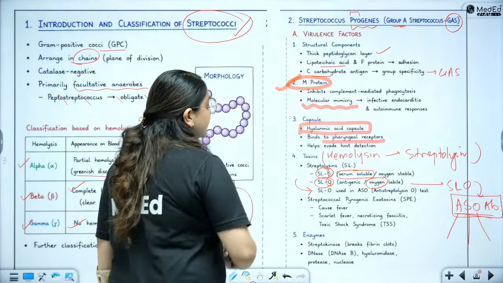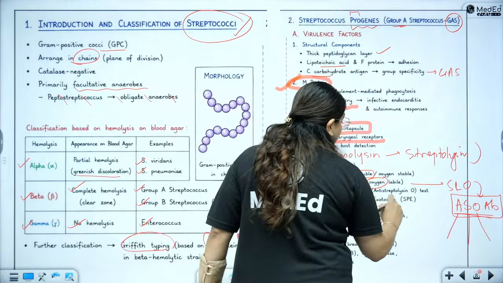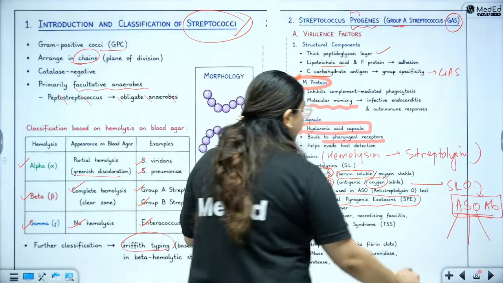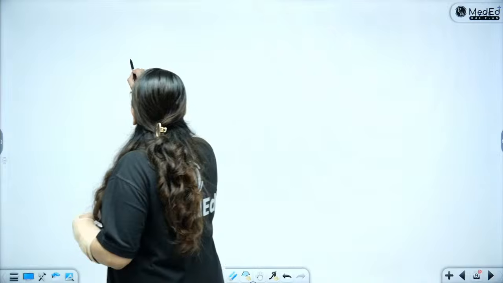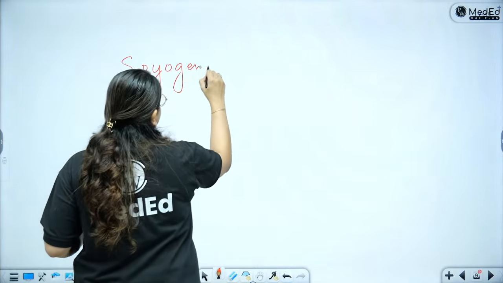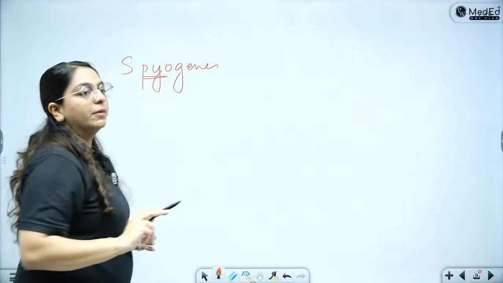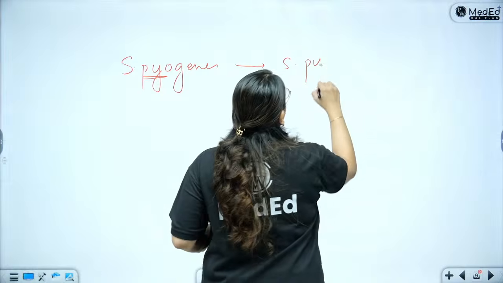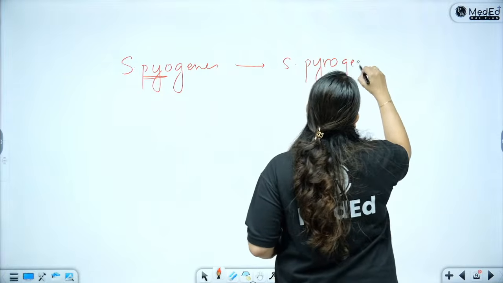Okay. Now streptococcal pyrogenic exotoxin is what is released by it. Guys, please pay attention to the little words. The name of the bacterium is Streptococcus pyogenes. Pyogenes is the name of the bacterium. The toxin that it is producing is streptococcal pyrogenic exotoxin.